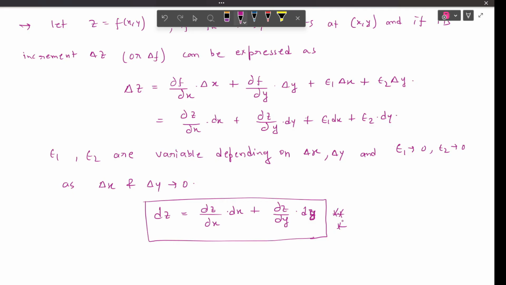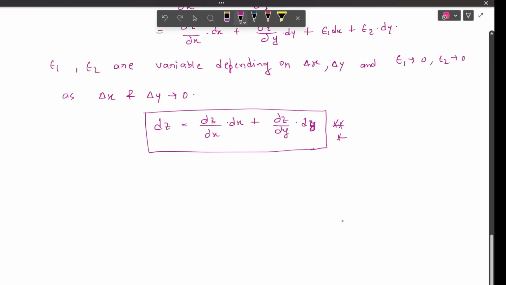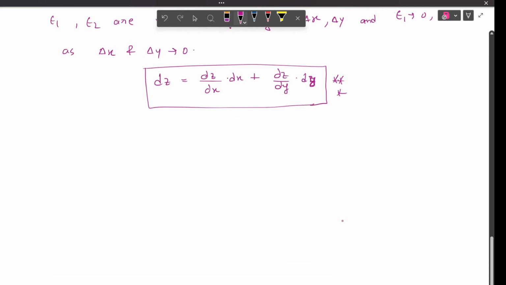Now let us see one theorem regarding this total differential.